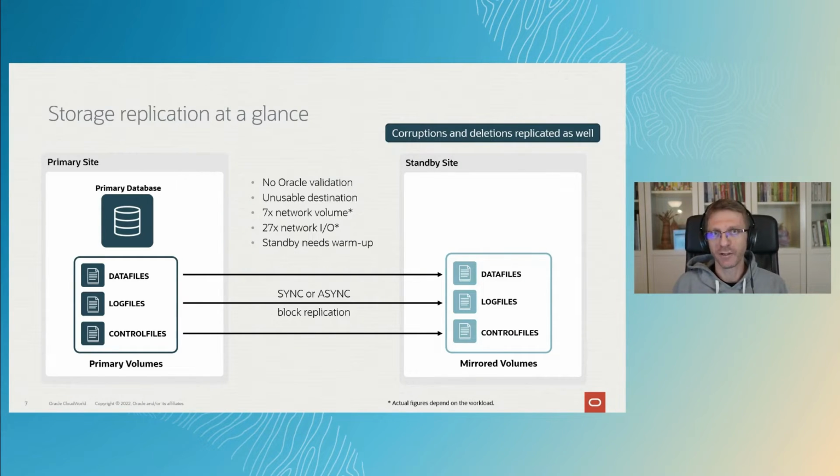So there are many problems with that. The first one and the most important is that there is no validation from the database. That means that if you have, for example, a corruption on the primary site, the same corruption will be replicated to the standby site as well.